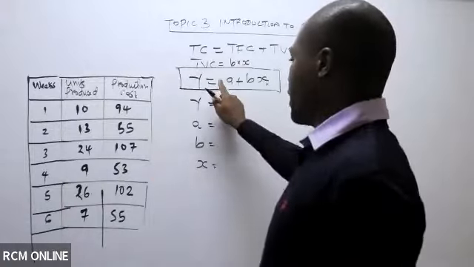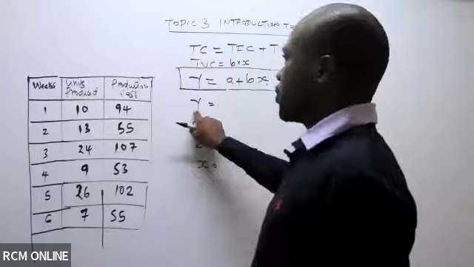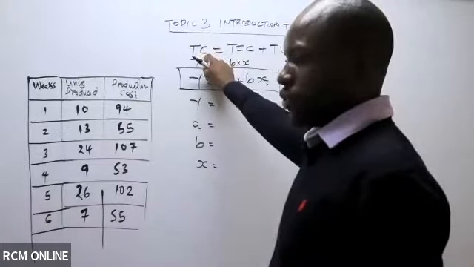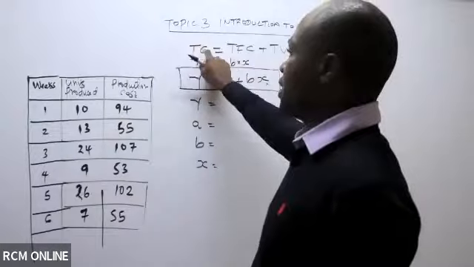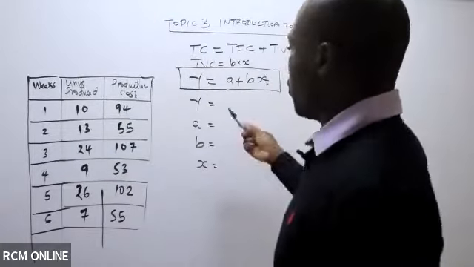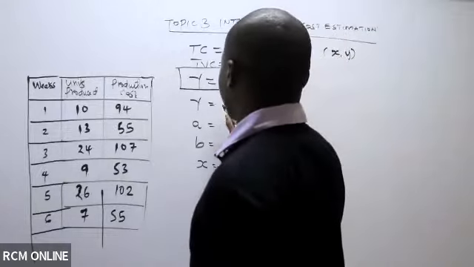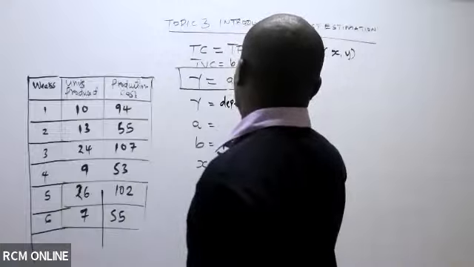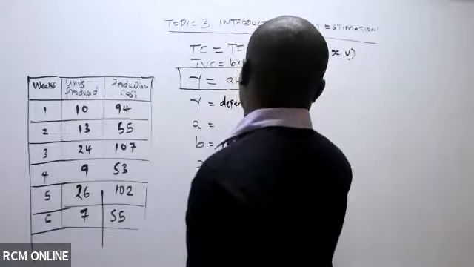Good. Now, having done that, when you look at this particular function, we've talked about total cost. Our total cost, or TC, is replaced by letter Y. So what do we call this? This is called dependent variable.